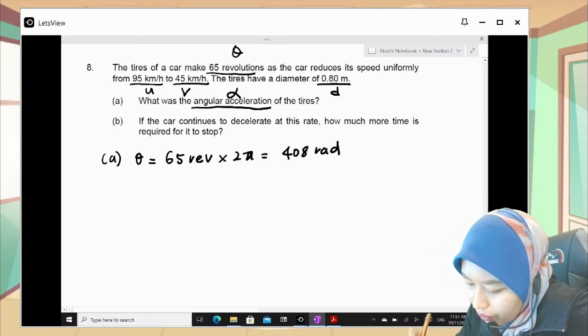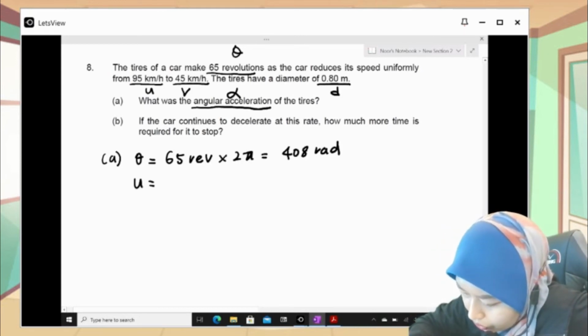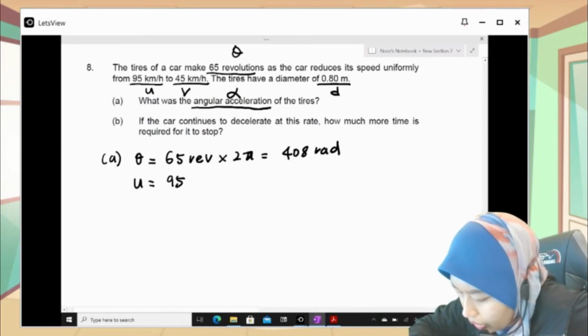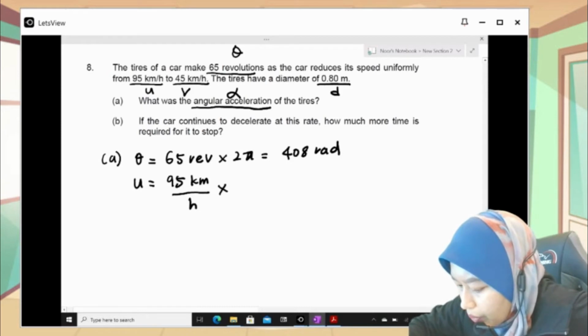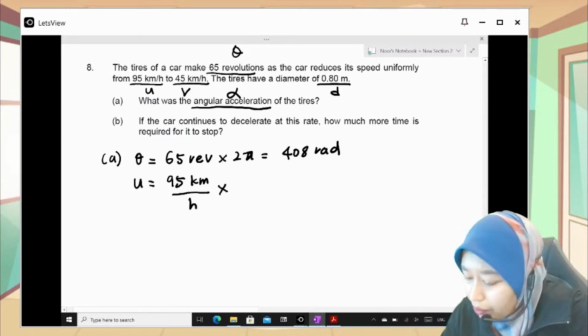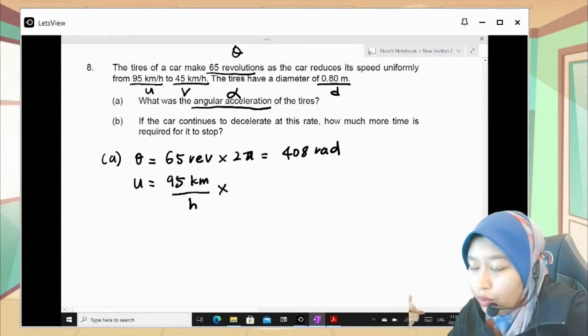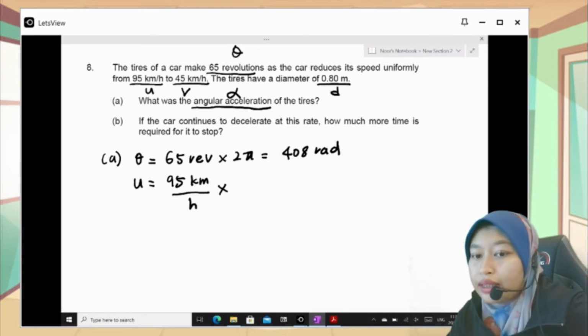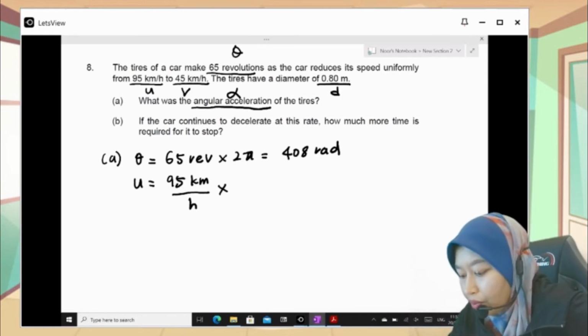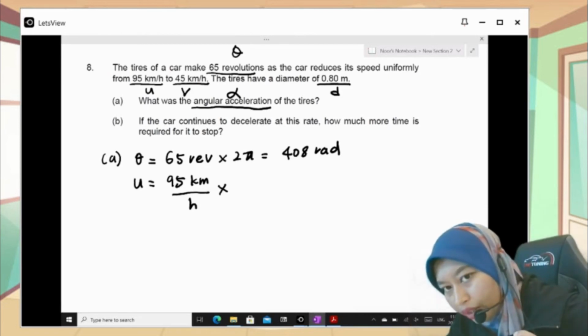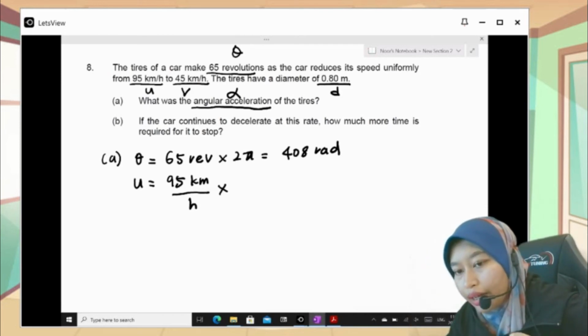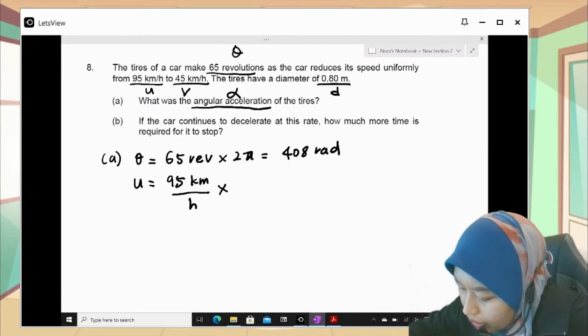And then we've got U here, 95 kilometer per hour. We don't want it to be in kilometer per hour, we want it to be in meter per second, so that it is easier for us to relate with the angular velocity after this.